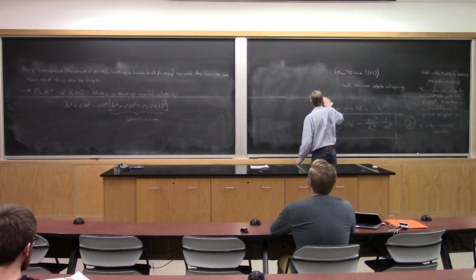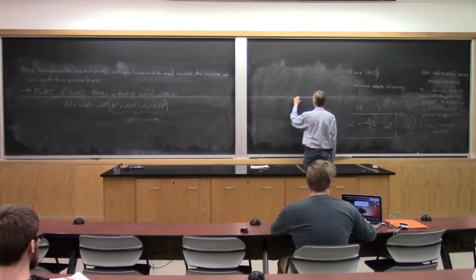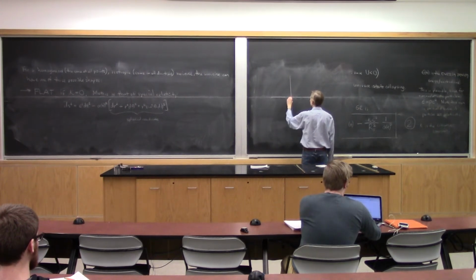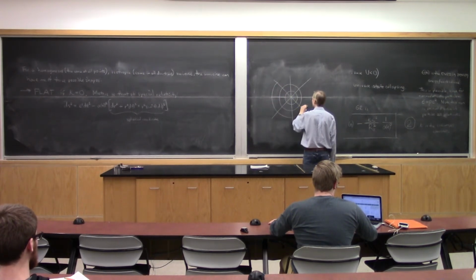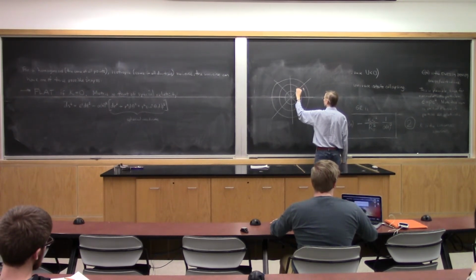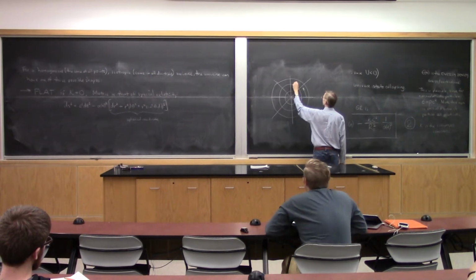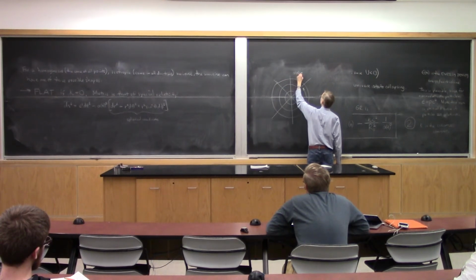Okay, so let's consider a plane, like this black world here. I can put polar coordinates on it. Some point, its distance from the origin is A of t times r.